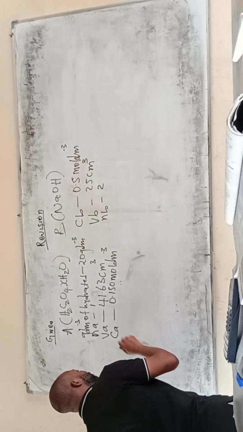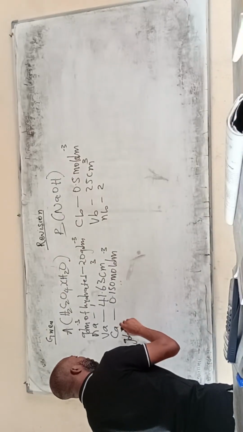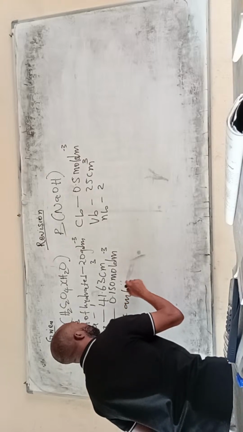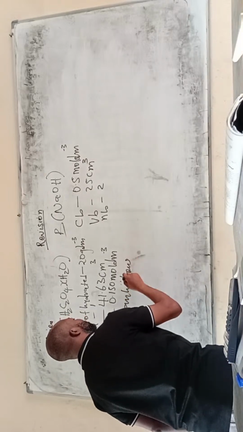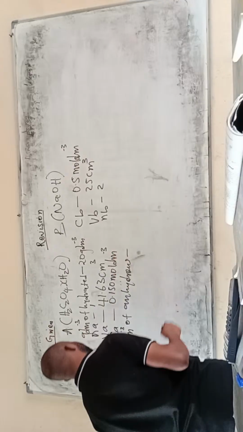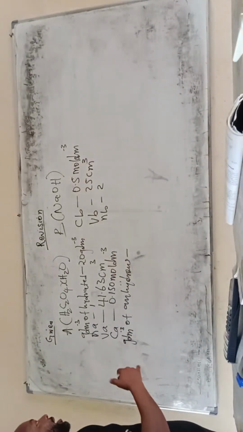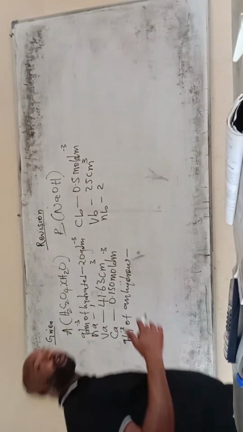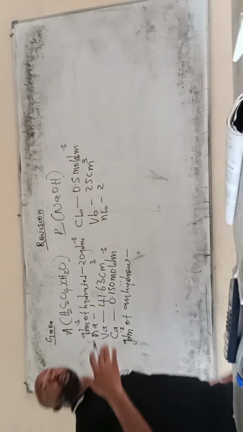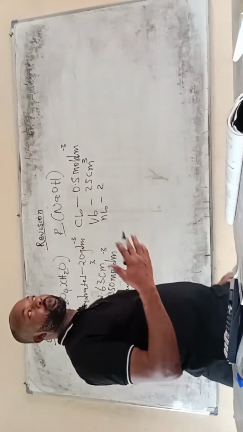Now, the mass concentration in g/dm³ of anhydrous A is what? We don't know. So, by calculating the mass concentration of anhydrous A, the formula is molar concentration times relative molecular mass.